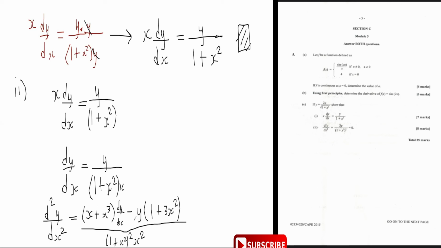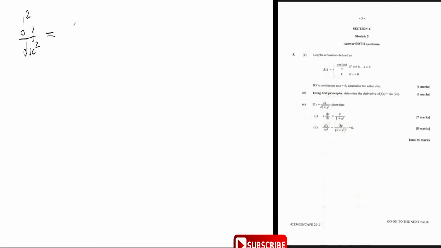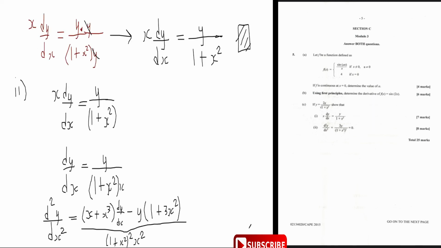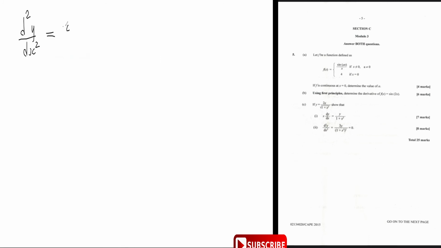I notice that I can separate them as two separate fractions. I'm going to write it as x plus x cubed dy by dx, and instead of writing x plus x cubed, I'm going to write it as x into 1 plus x squared times dy by dx.